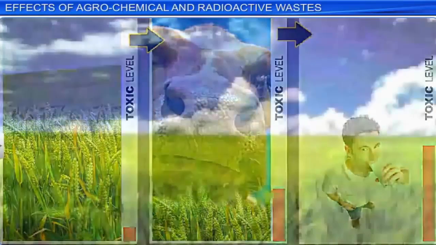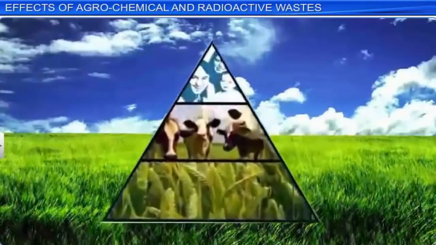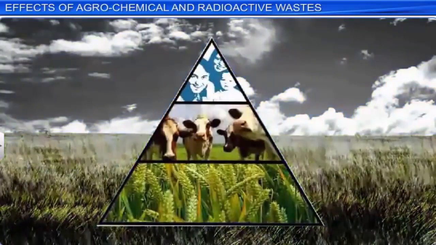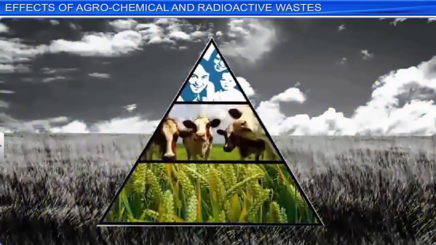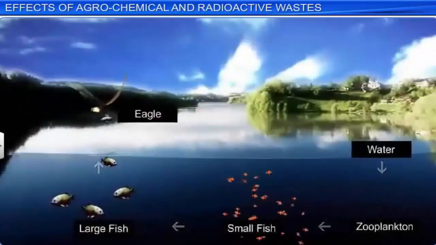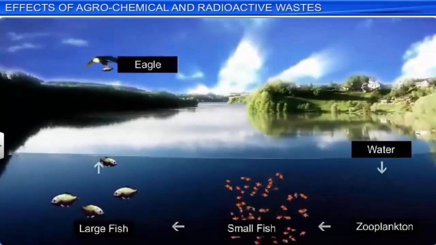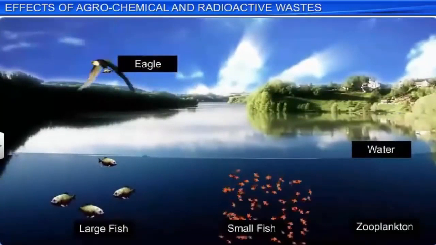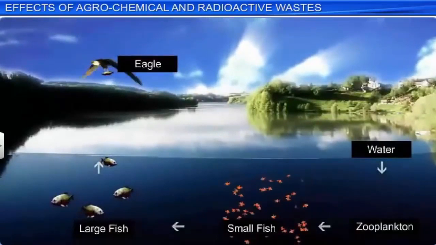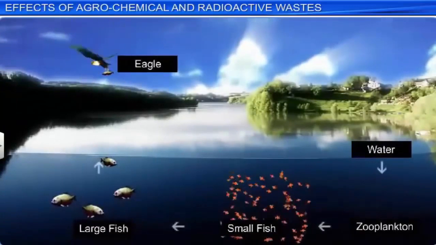For instance, biomagnification of chemicals in the terrestrial food chain includes grass, cattle, and human beings. Similarly, biomagnification of DDT in an aquatic food chain including zooplankton, small fish, large fish, and fish-eating birds is shown in the diagram.